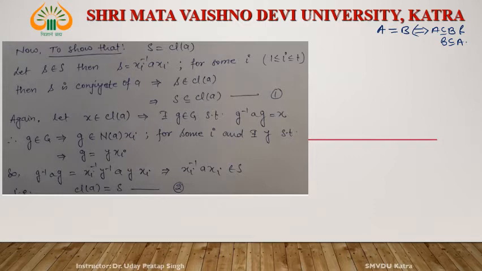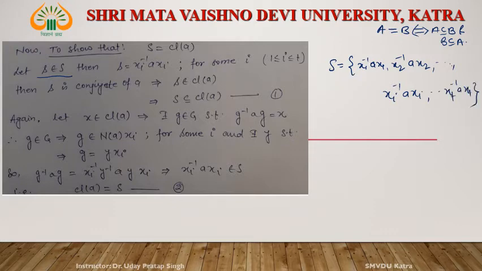First, let us see s belonging to capital S. What is S? It is x1 inverse a x1, x2 inverse a x2, and so on, xi inverse a xi and xt inverse a xt.